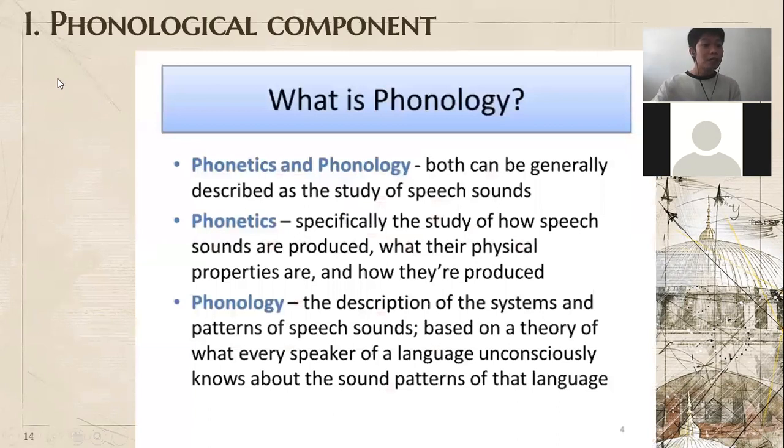Okay, let's first discuss the phonological component. Phonetics and phonology are different, but they are interrelated. When you study the sounds of a specific language, you cannot separate these two branches of linguistics. Phonetics and phonology both can be generally described as the study of speech sound.